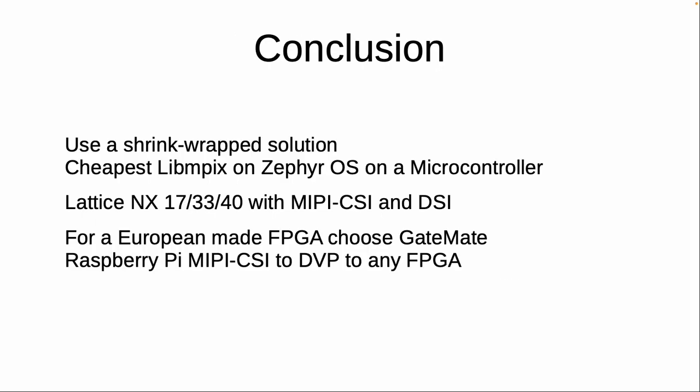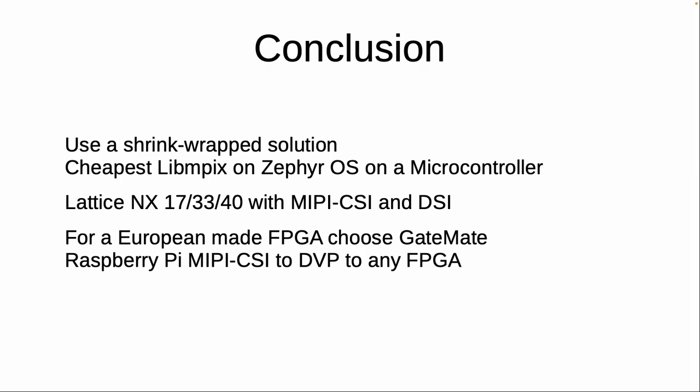So, what's the conclusion? This stuff is complex. If you find a shrink wrap solution that does what you need, by all means, please use it. If you need to do something custom and the bandwidth is low, try libmpix on Zephyr OS on a microcontroller. If you do need to go to FPGAs for higher bandwidth, the obvious choice is the Lattice NX 173340 with MIPI CSI and display serial interfaces within the open source community.